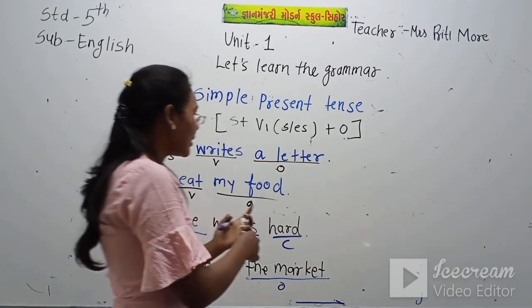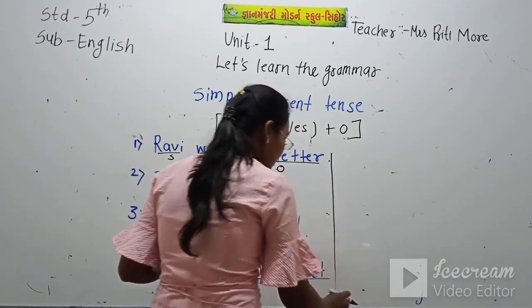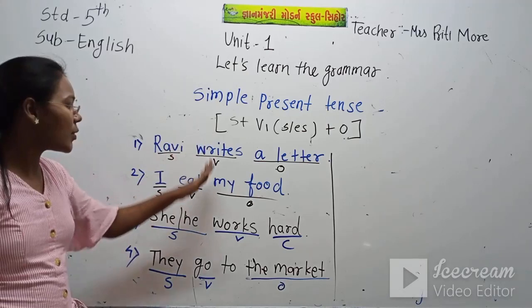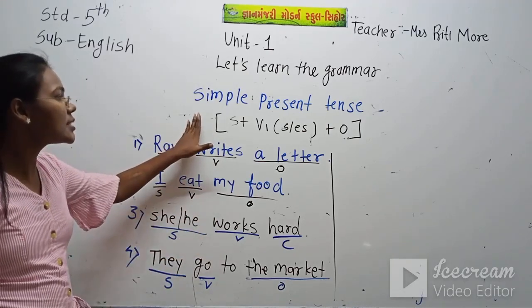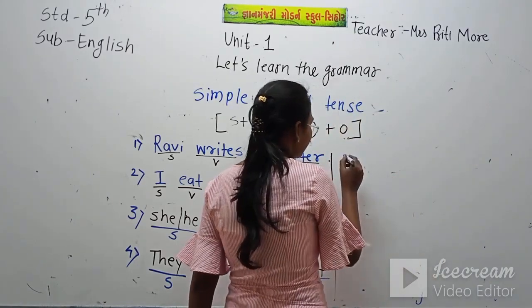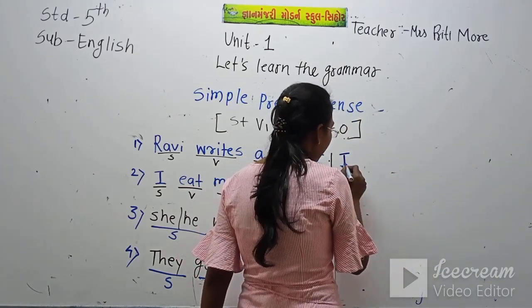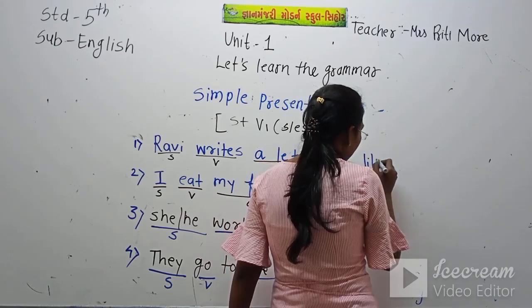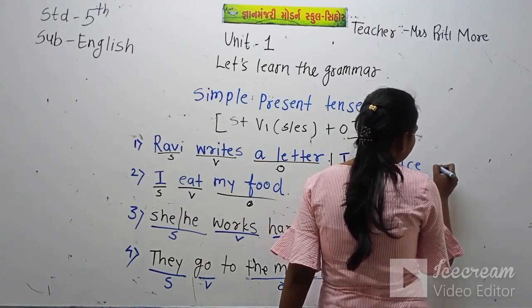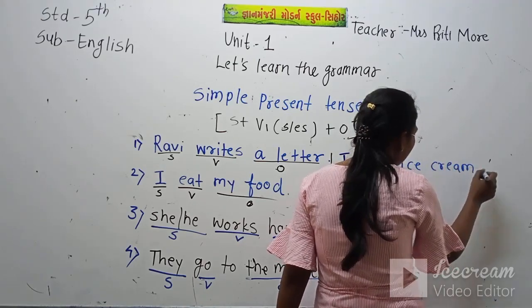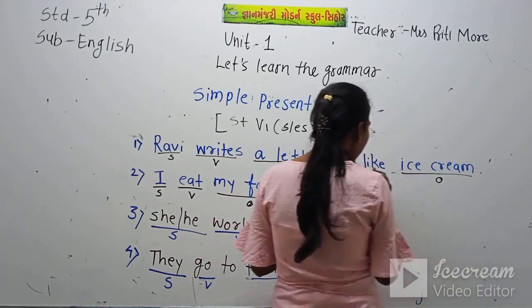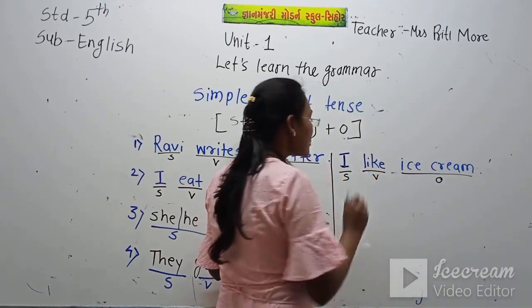Now again, I write here some sentences. These all sentences are fitting in this structure, in this formula. Now again, let's write: I like ice cream. Ice cream is the object, this is the verb, and this is the subject.